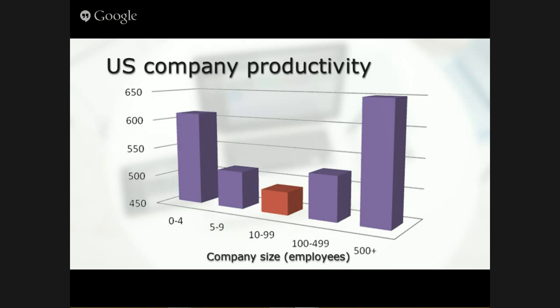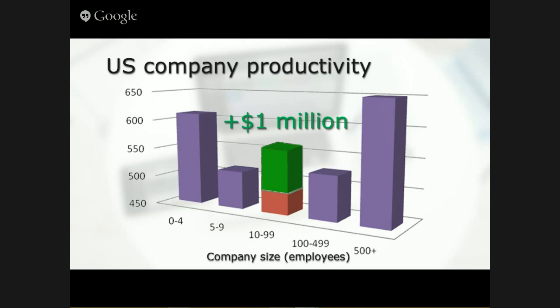So if you can just imagine for a second, if you could raise the productivity of your 10 to 100 employee business just to match the average of those purple companies there, what would that mean to your business? Well, on average, it would mean adding $1 million a year to your revenue line without adding a single dollar to payroll cost. Now that sounds good, doesn't it?